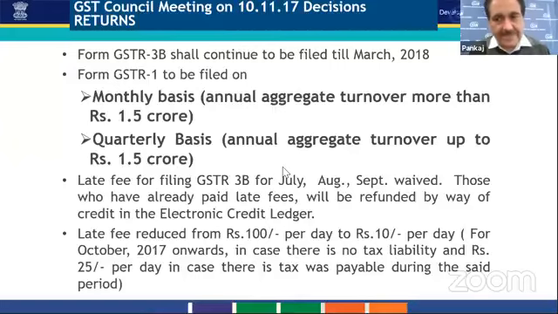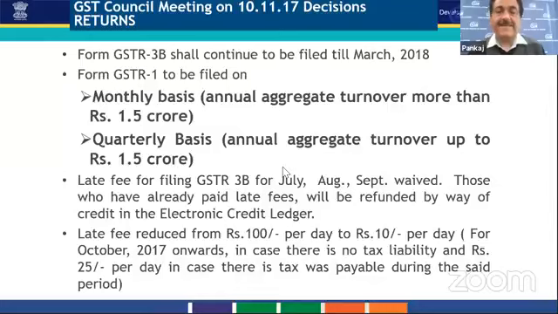And there's one more clarity. It will not be recredited into the late fee account. It will be recredited into your tax account. So there should be no confusion. And the late fee has been reduced from ₹100 per day to ₹10 per day from October 2017 onwards in case there is no tax liability, and ₹25 per day per Act.